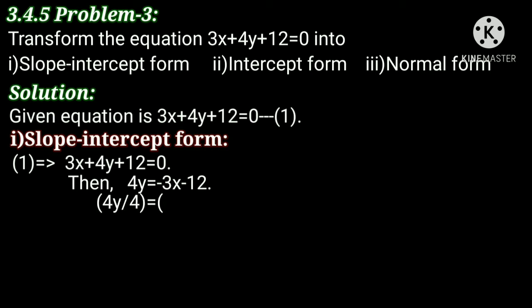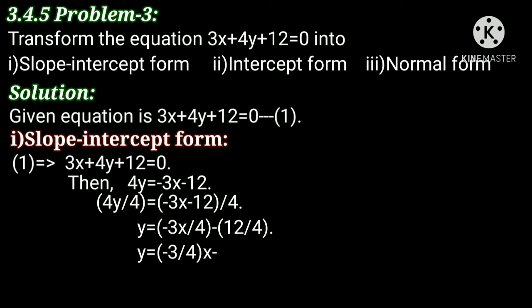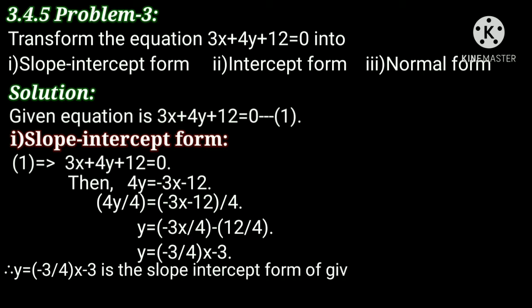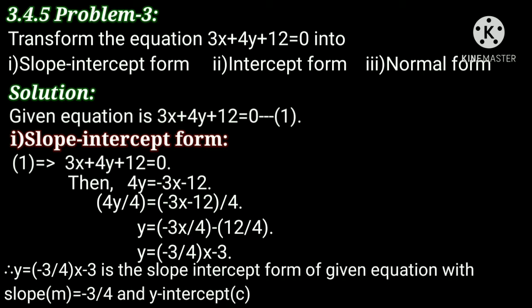Then 4y by 4 equal to minus 3x minus 12 by 4. From this, y equal to minus 3x by 4 minus 12 by 4. Then y equal to minus 3 by 4 into x minus 3. Therefore, y equal to minus 3 by 4 into x minus 3 is the slope intercept form of given equation with slope m equal to minus 3 by 4 and y intercept c equal to minus 3.